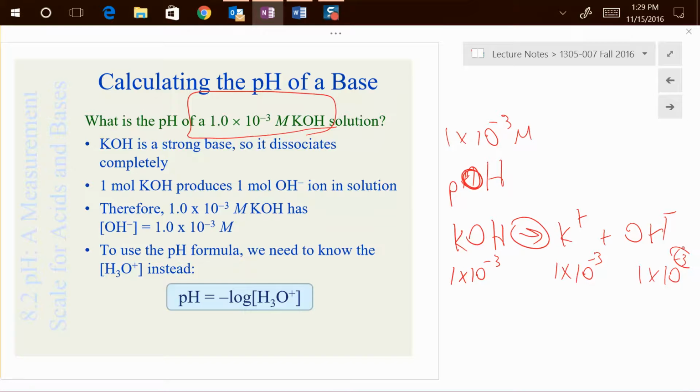Okay? So when it's 1 times 10 to the negative 3, it's easy to see, right? It's 3. When it's 2.56 times 10 to the negative 3, then we have to calculate it. But if it's just these whole numbers, we can easily see what the log is. It's negative 3. Now, if my pOH is equal to 3, what's my pH?